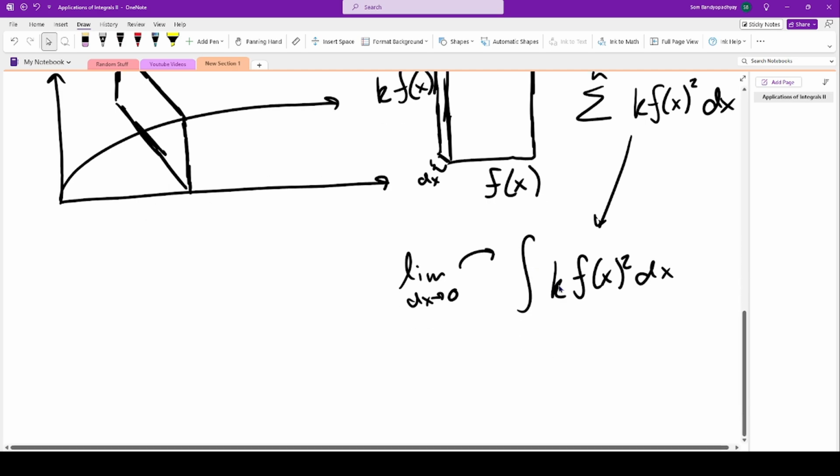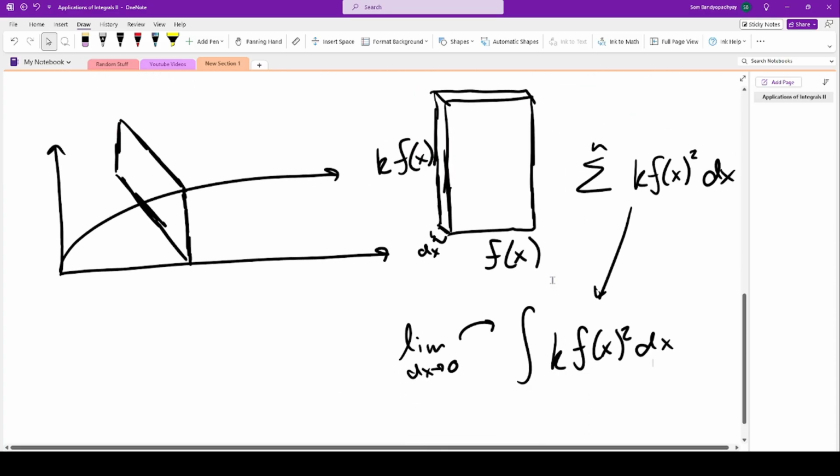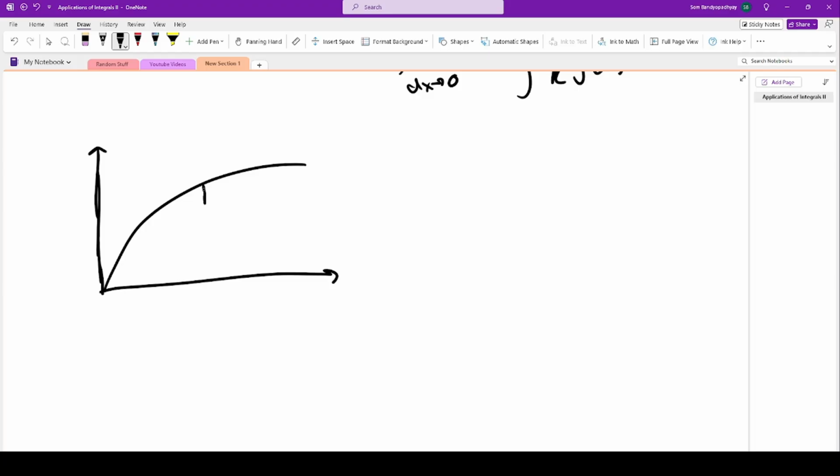Say you want to have an isosceles triangle, right? I'm really coming up with something random here, but an isosceles triangle such that the base is, of course, f of x, and then your depth is going to be dx, as always.